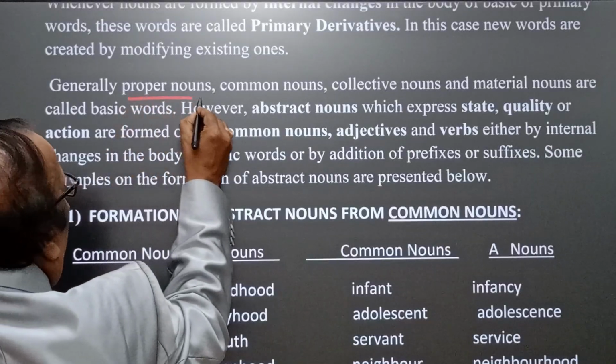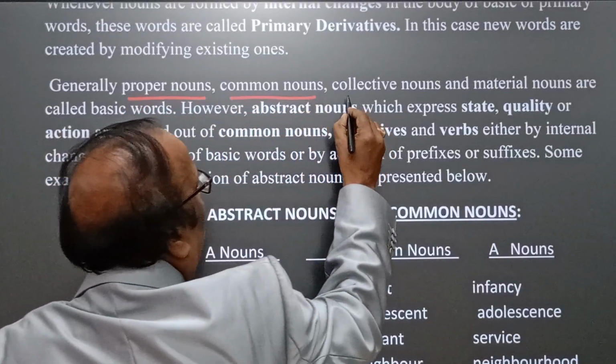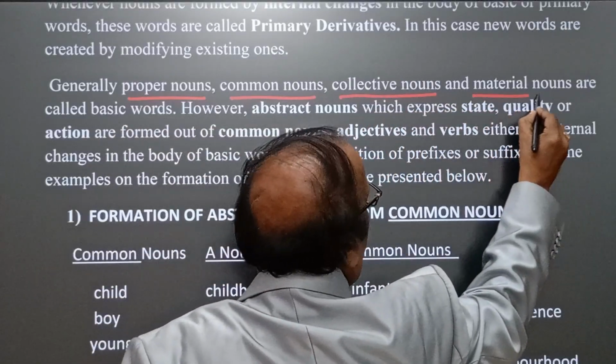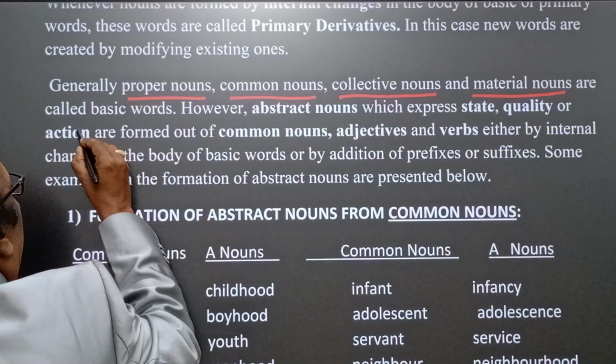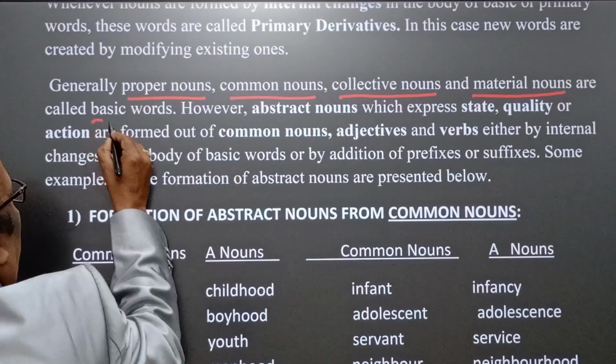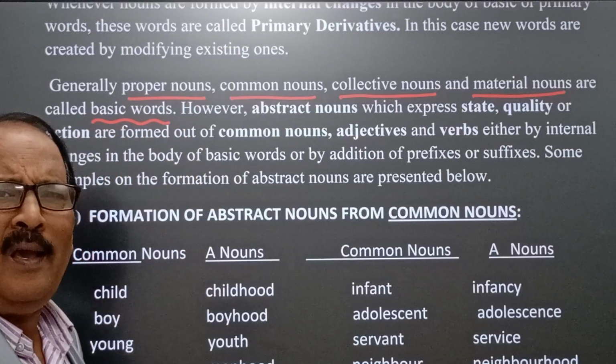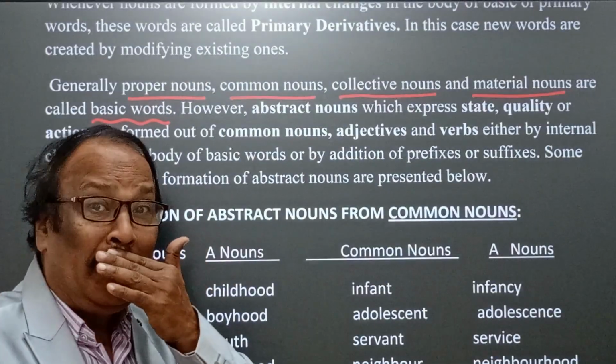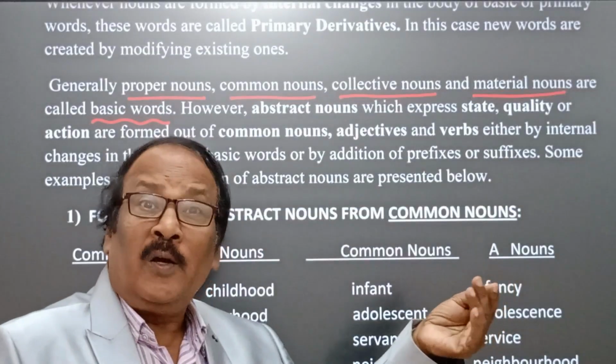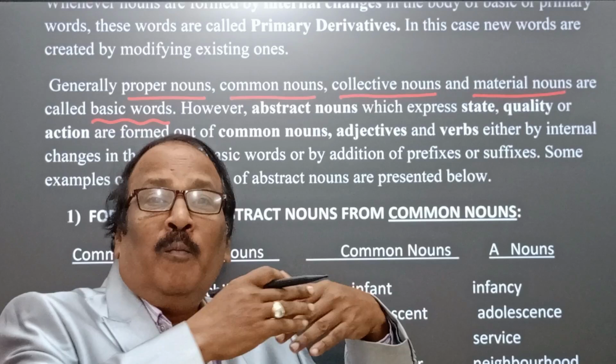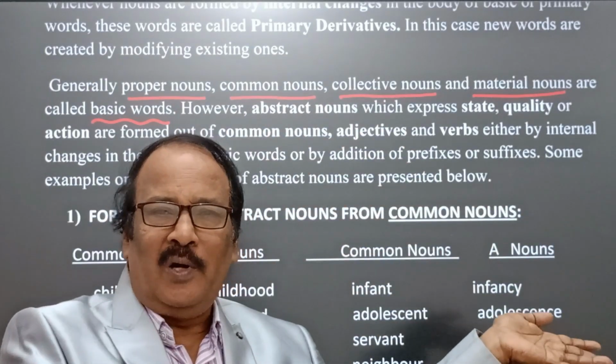Generally, proper nouns, common nouns, collective nouns, material nouns are called basic words. For example, common noun, student. Common noun, because all over the world we find students.